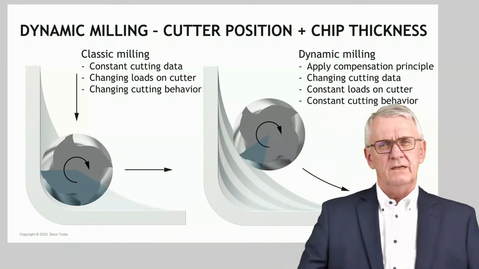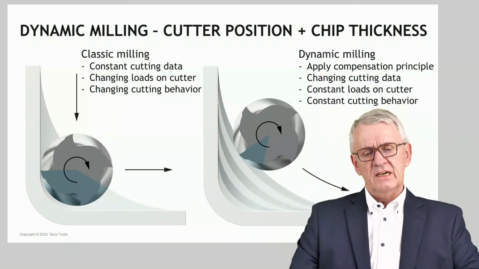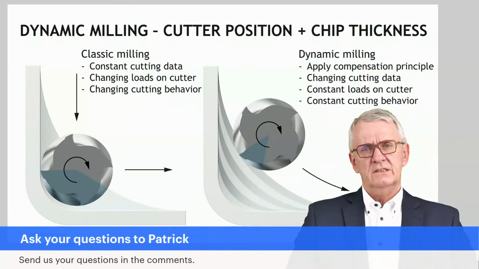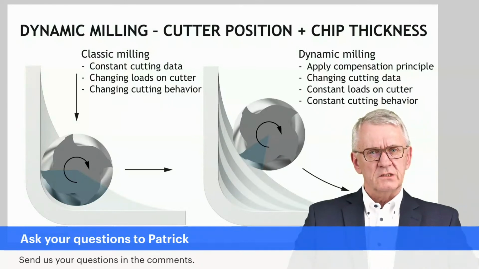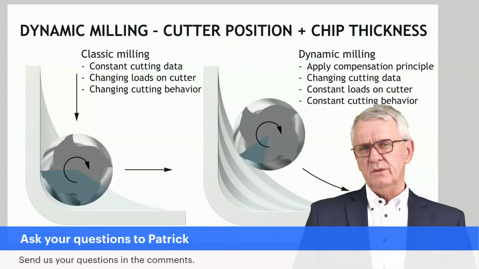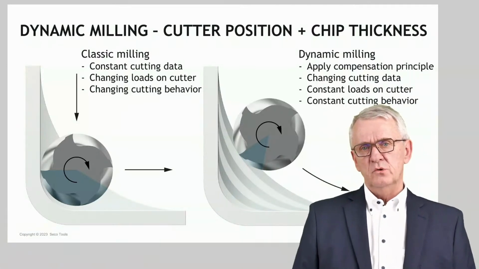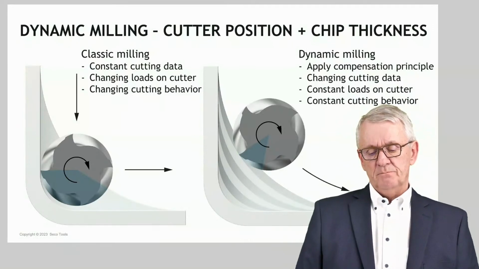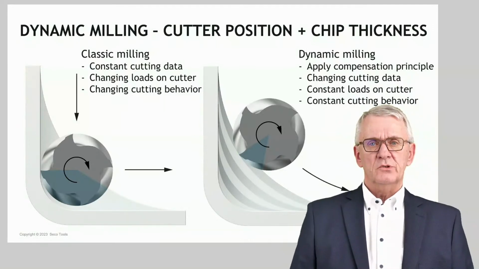What we do here, and we are not yet there, but we start to be close, is that we forget about the feed. We say feed is of minor importance, and we focus on chip thicknesses, and we make sure that every moment in time I have the most favorable chip thickness on my cutting edge, and I make movement and speed of movement of a milling cutter in such a way that things are in the best possible way.